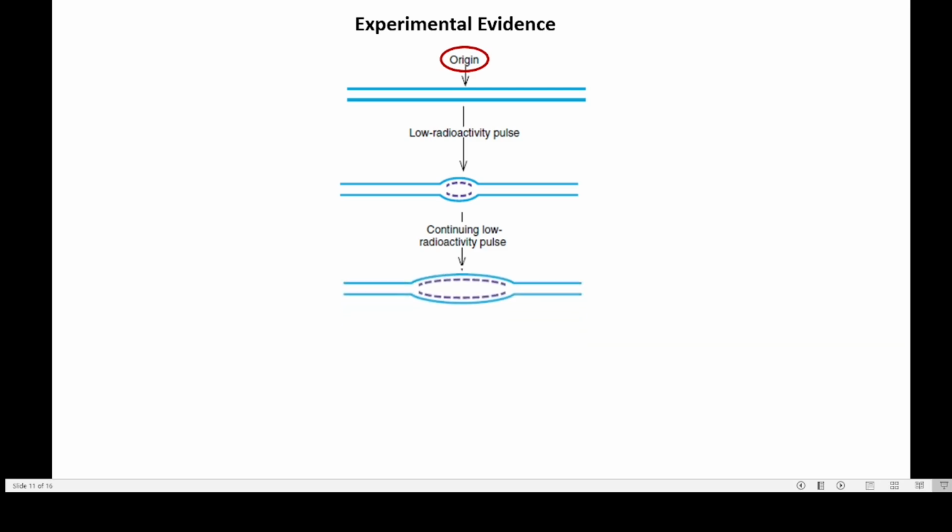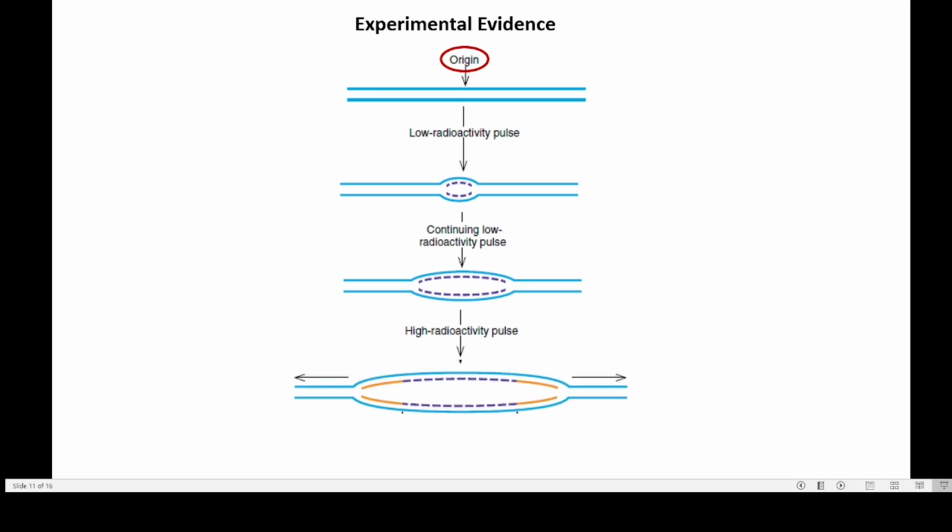The purple color here represents the weakly labeled DNA strands produced during the low radioactivity pulse. Now, expose the cells for a short time to a strong radioactive precursor. The orange color here represents the highly labeled DNA strands produced during the later high radioactivity pulse.